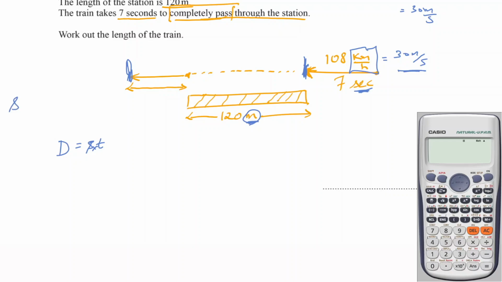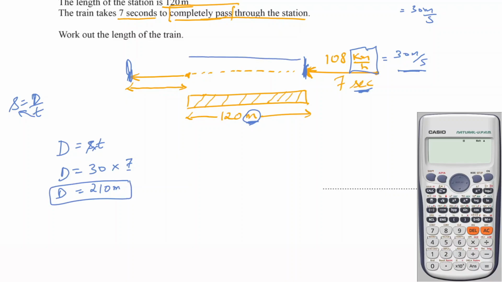It comes from speed equals distance traveled by time taken. So distance equals speed times time. Speed is 30 meter per second and time is 7 second. So 7 times 3 is 21 and 0. So distance is 210 meter, right? So from here to here, the distance is 210 meter, time is 7 second, and the speed is 30 meter per second.